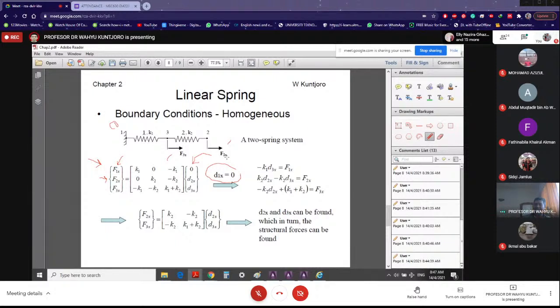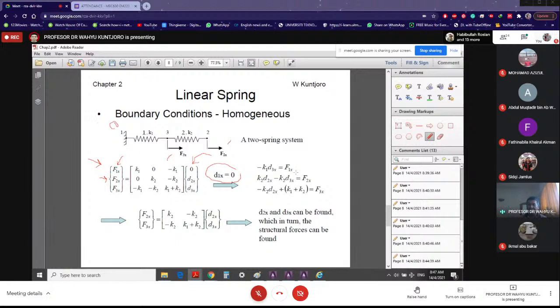So the conclusion: f1x I do not know, it is a reaction. F2x I know because it is given. F3x I know because it is given. Fine.